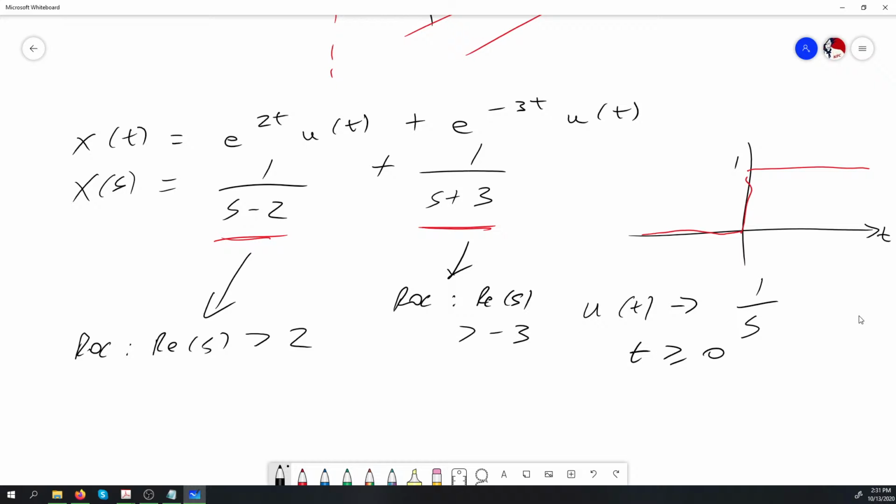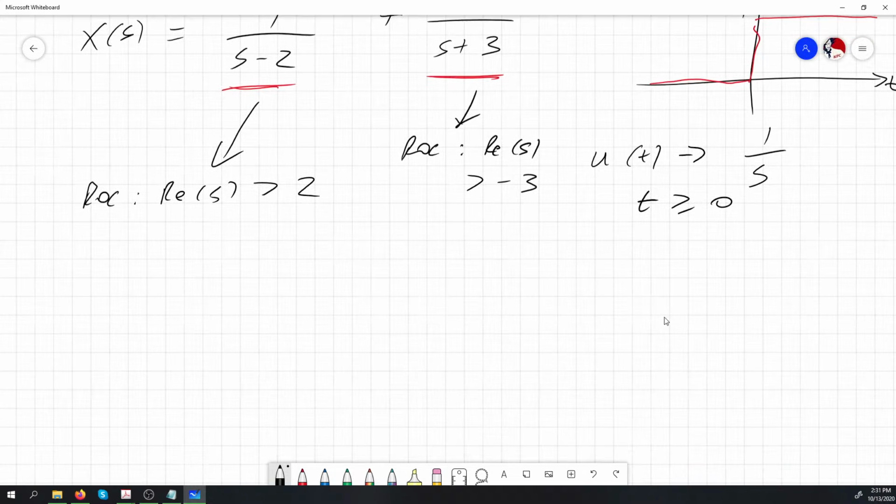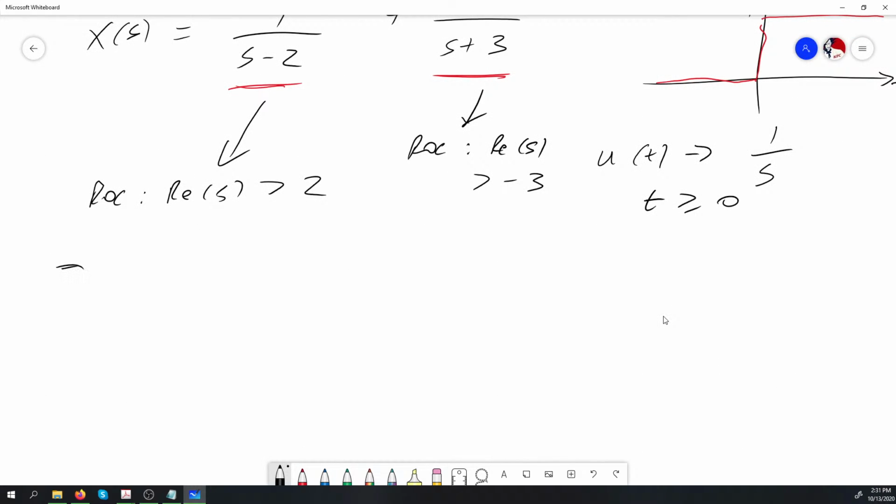Now, in this case, the value of 2 being more than the value of negative 3, we're going with the bigger value. So as such, the region of convergence of X of s is the real part of s being more than 2.